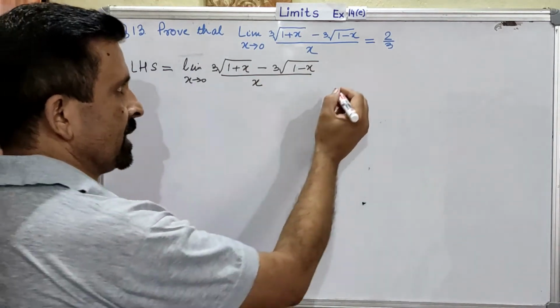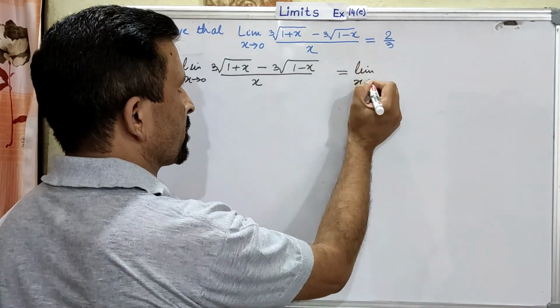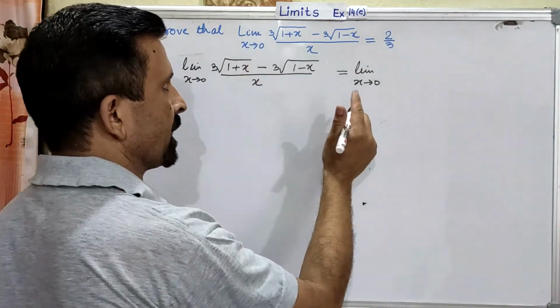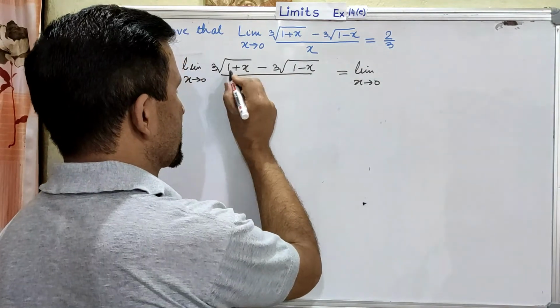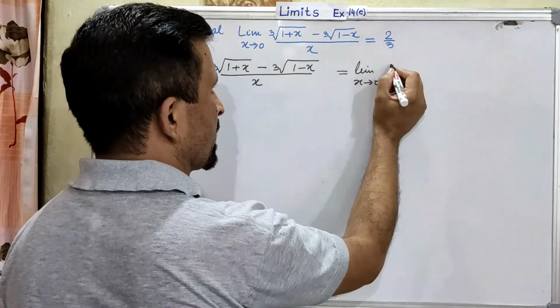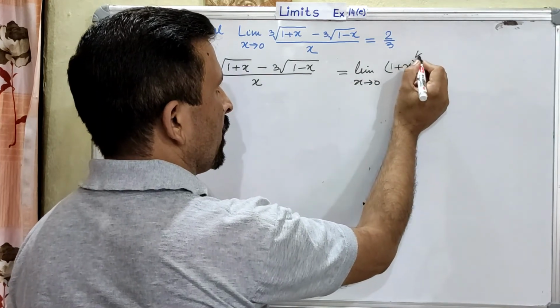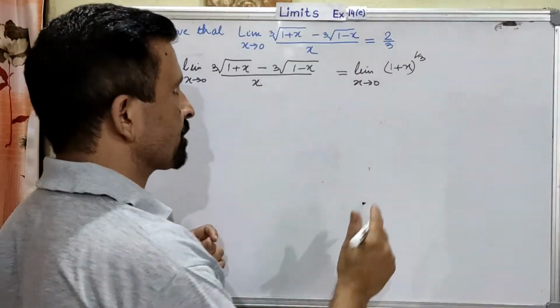Now the first thing that we need to do in this question is, in the limit x tending to 0, I need to introduce minus 1 here. In order to introduce minus 1, cube root of 1 plus x can also be written as 1 plus x whole to the power 1 over 3. Cube root can be converted into exponential form.